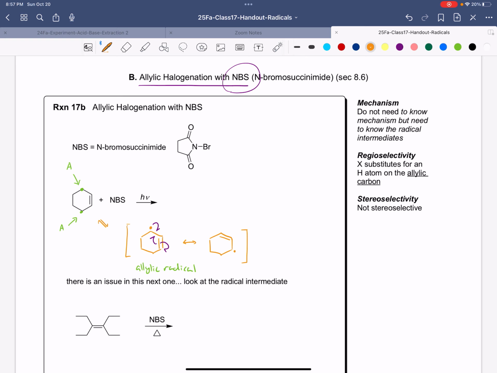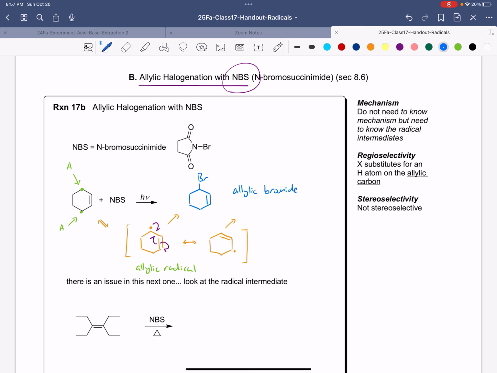Now the thing is, regardless of which radical I use, I will get the same product. So I'm going to only draw it once. And I have this. That is an allylic bromide.